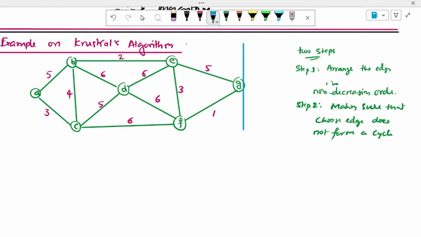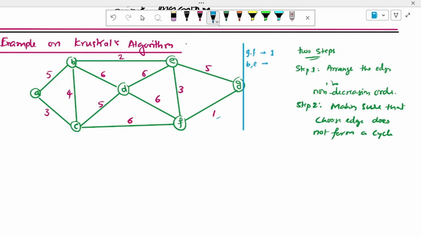Now if you take the first edge, which is G comma F, the weight is 1. This is done. Now choose this one, BE. I'm going to arrange them in non-decreasing order, which means not increasing order. I'll tell you why it is not increasing order.